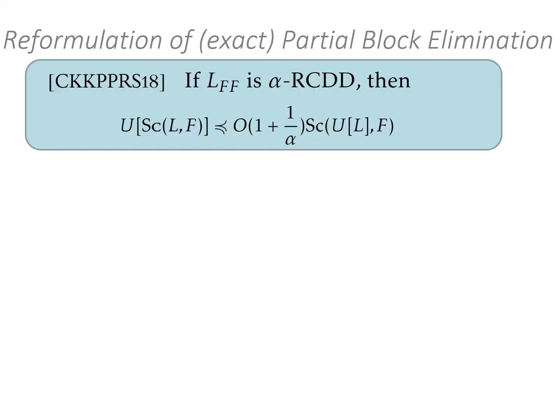In the paper on the directed Laplacian solver based on LU decomposition, they show that if the block we want to eliminate is alpha-RCDD, then its Schur complement will be stable.